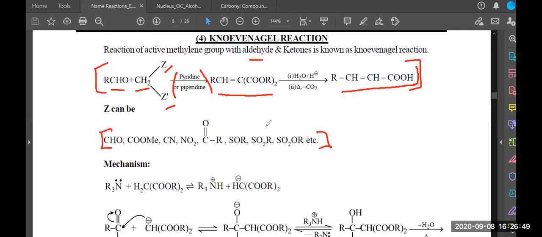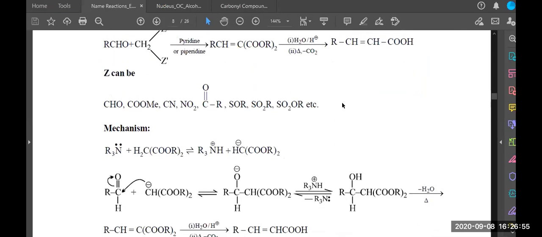Okay, what happens here? Now, we know that pyridine is also a base. So when we have this Z and Z dash, which is COOR in this case, Z is COOR in this case. Or if you think like this, just remove H2O first.